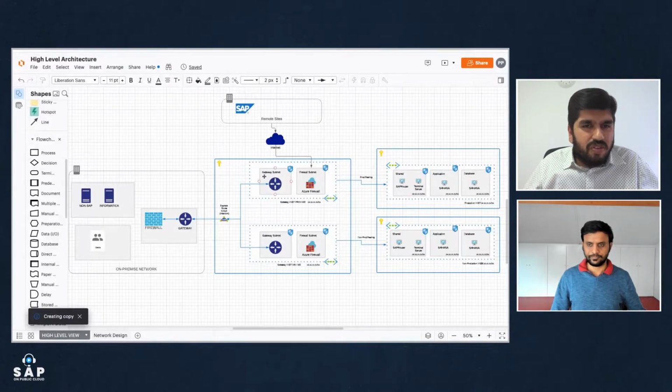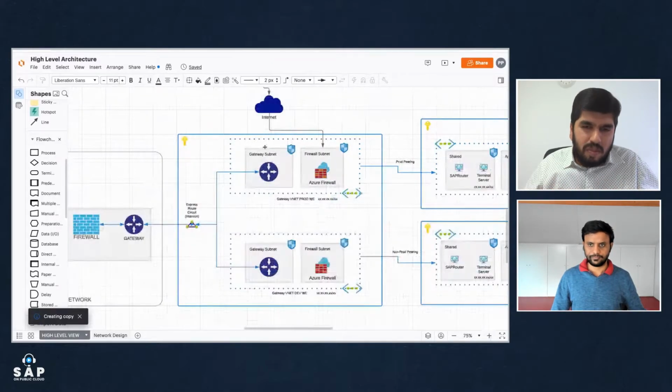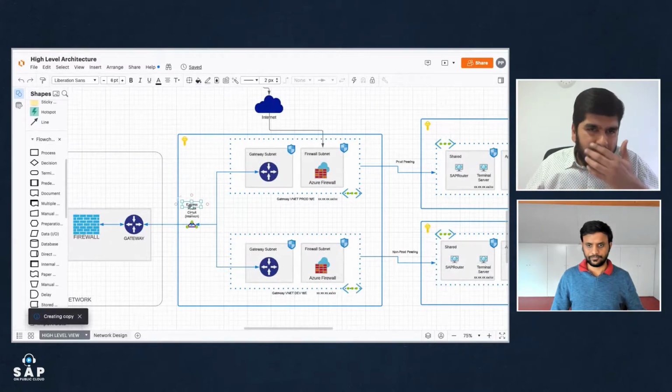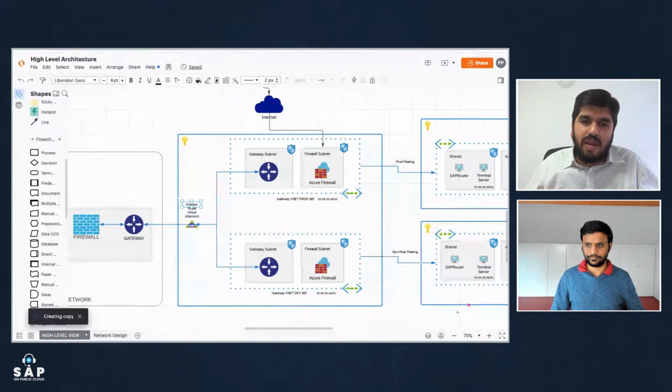As I can see in your picture, you have the gateway subnet, which is the gateway for connecting to your on-premises network for hybrid connectivity. If you're connecting using an ExpressRoute circuit, then you need a gateway subnet. But if you're using a VPN, then you need a site-to-site VPN gateway, in order to establish the connection between on-premises and Azure. That's the first and foremost thing that is part of your hub VNet.